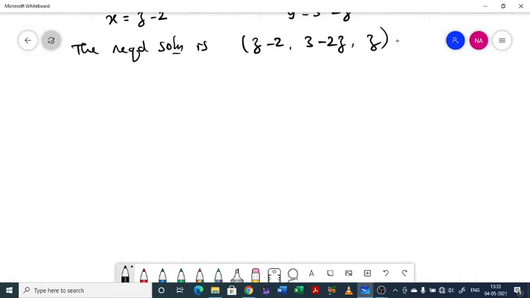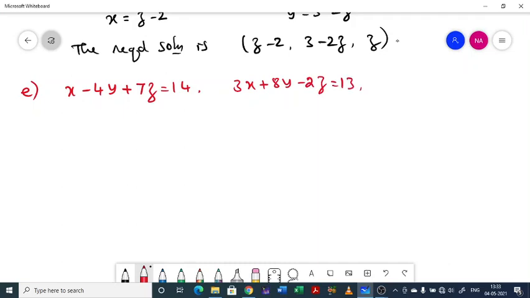So there is one more, A, B, C, D, E, right? So E, the given system of equations is x minus 4y plus 7z equal to 14, 3x plus 8y minus 2z equal to 13, 7x minus 8y plus 26z equal to 5.